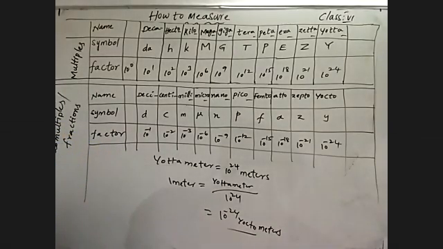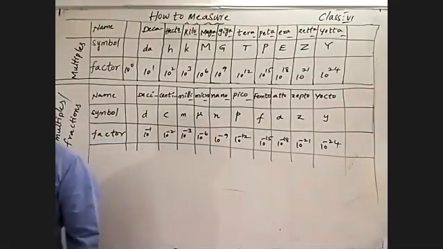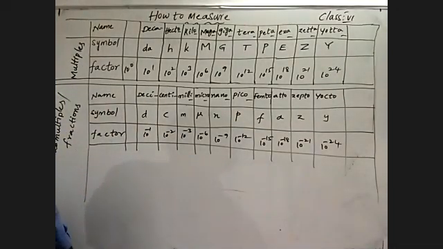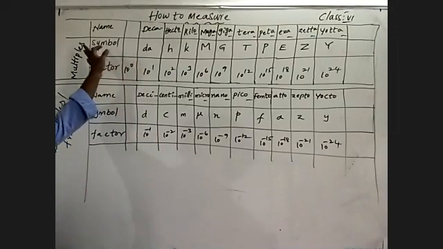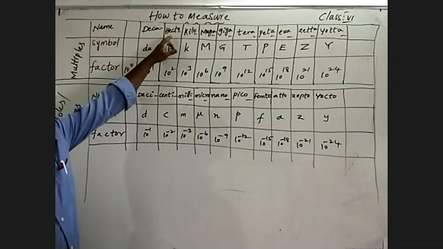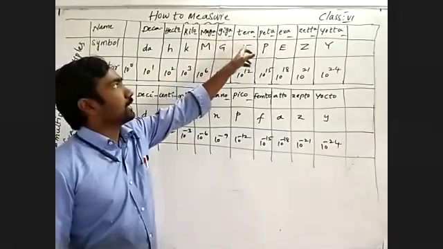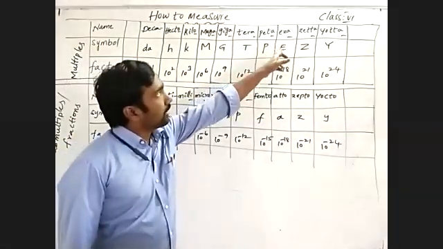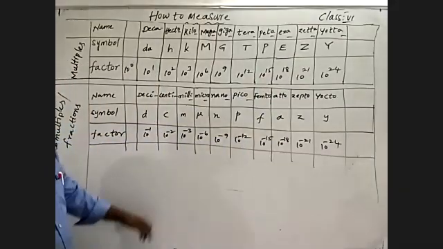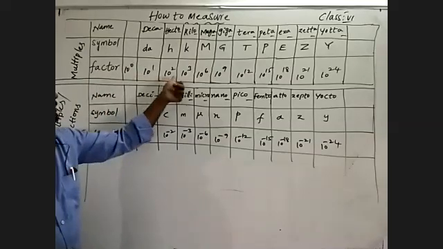Observe carefully what we wrote. You must remember these when converting from multiples to submultiples. See once the multiples we wrote: deca, hecto, kilo, mega, giga, tera, peta, exa, zetta, yotta. Then the symbols and the factors.